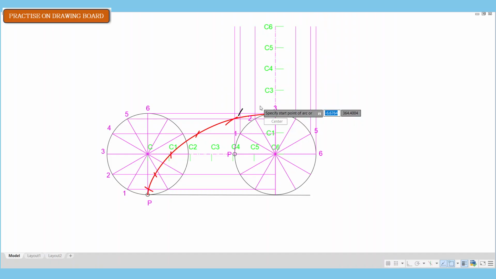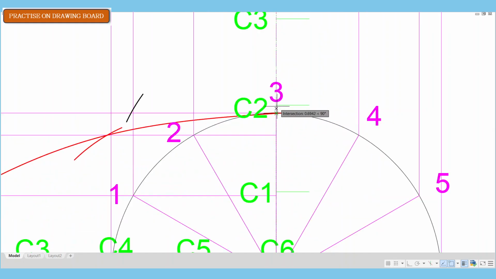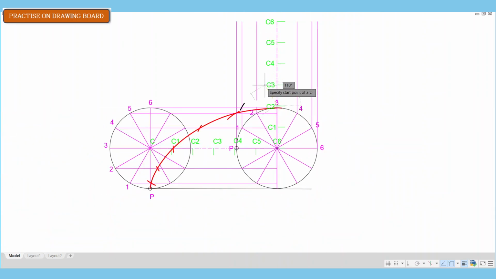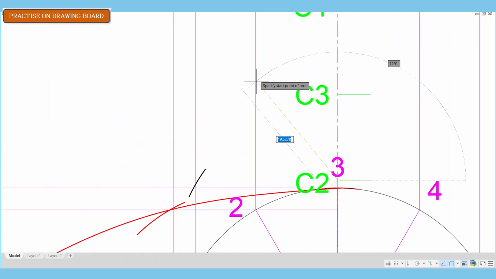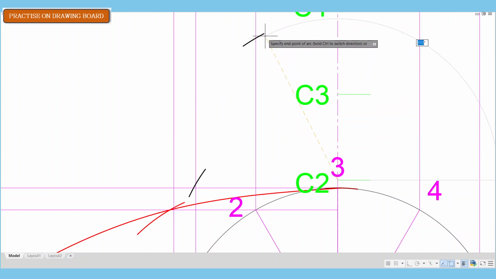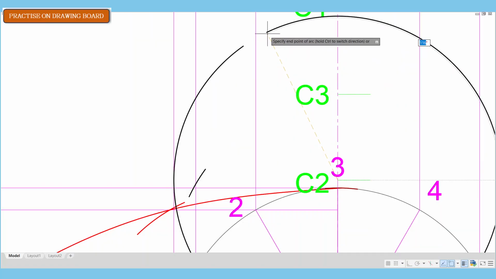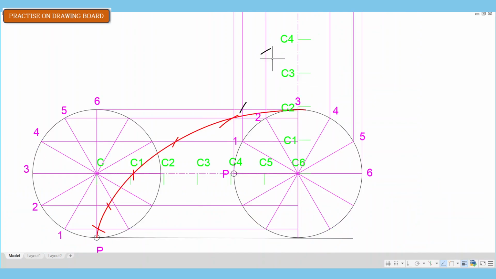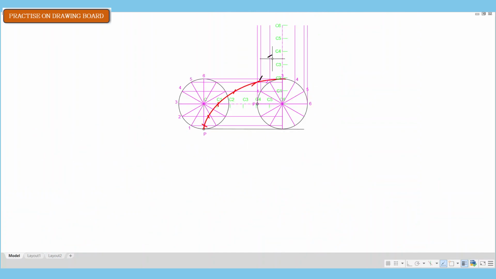So repeat the same thing with that same radius. Now we move to center 2, just this point. And then we are looking for the second vertical line, which is this one. So we maintain the radius of 25. And that will be our second point here.